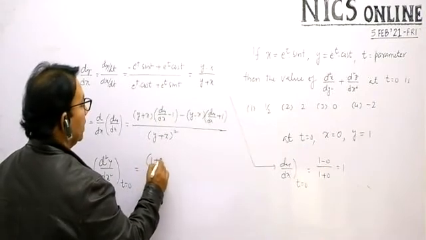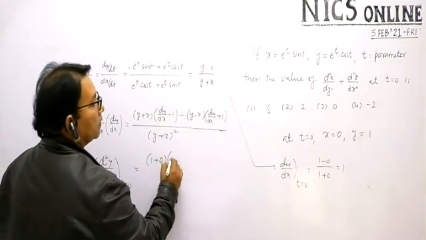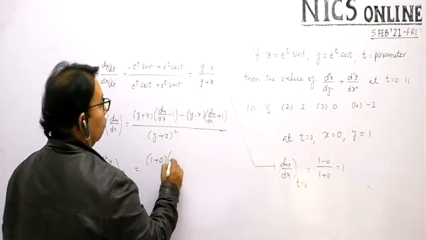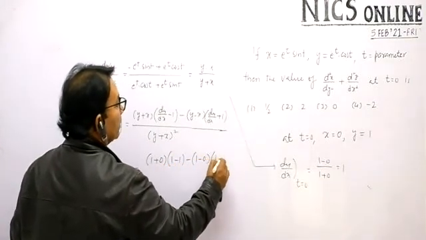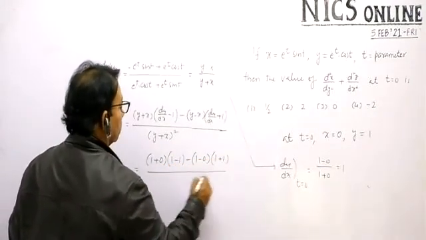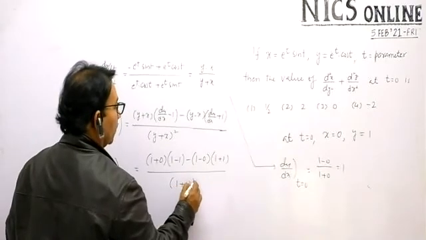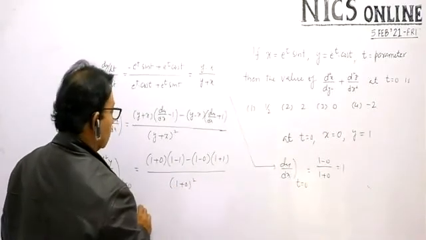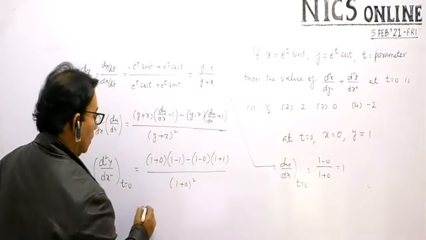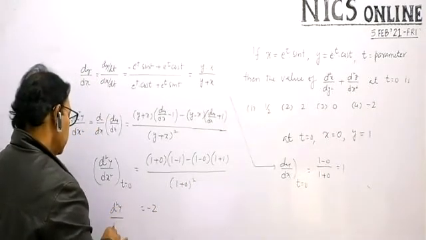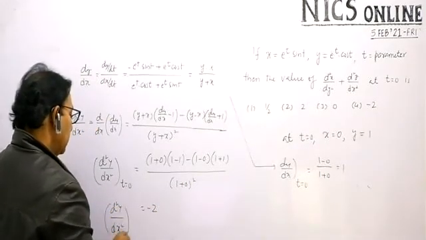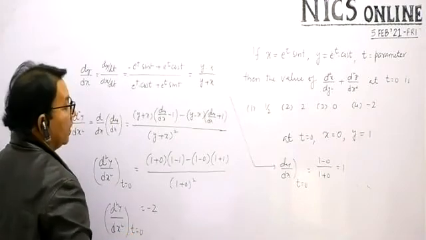Y is 1, x is 0. dy by dx is 1 minus 1 is 0 हो जाएगा. Y is 1, x is 0. dy by dx is 1. This is also 1 plus 0 का whole square. So this is coming out to be minus 2. So d2y by dx square at t is equal to 0 comes out to be minus 2.